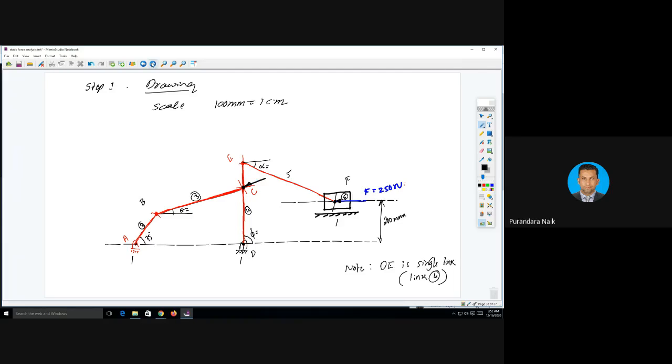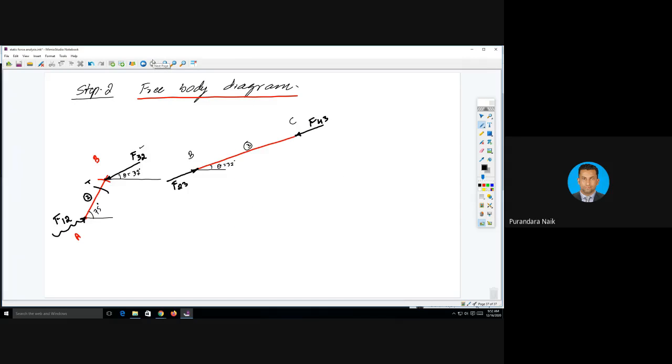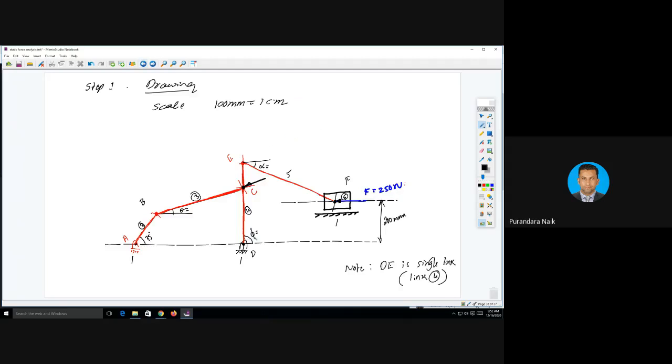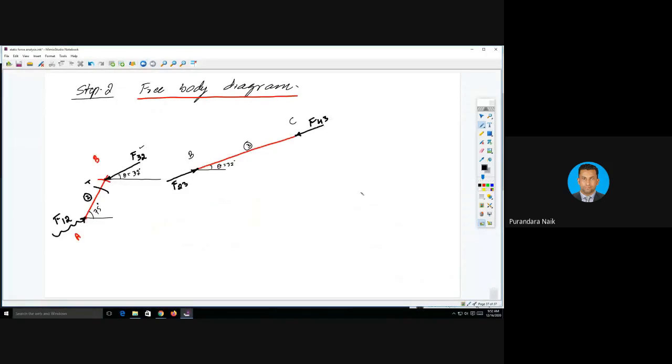Now you come to the link number 4. You need to have an angle phi. Point D, point E, and point C is somewhere here.